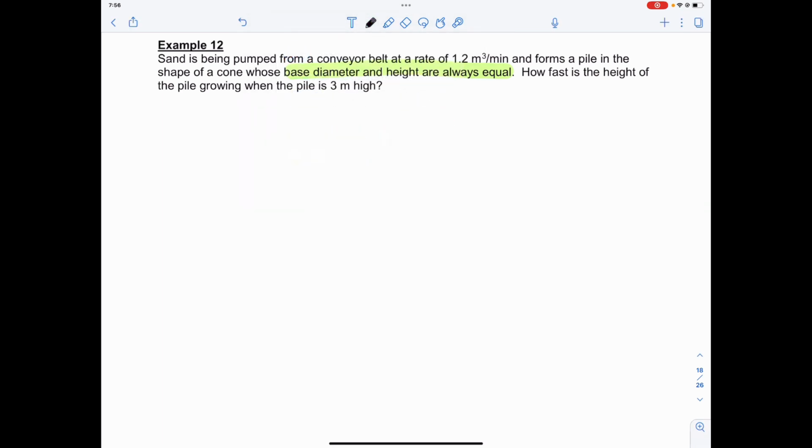So I've got the sand forming a cone where the diameter and the height are always equal.